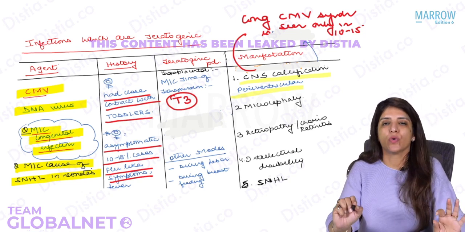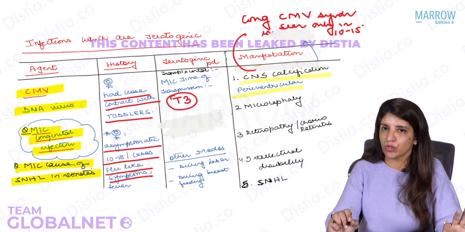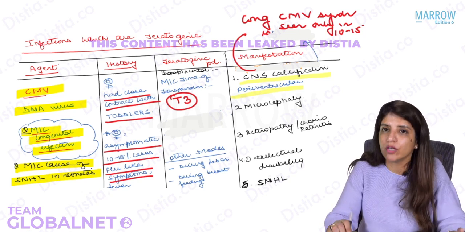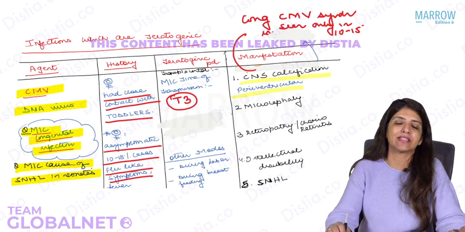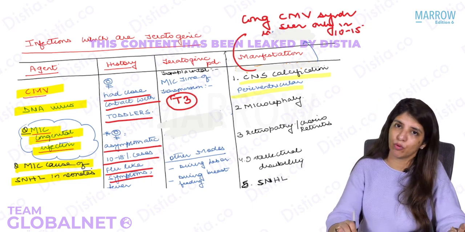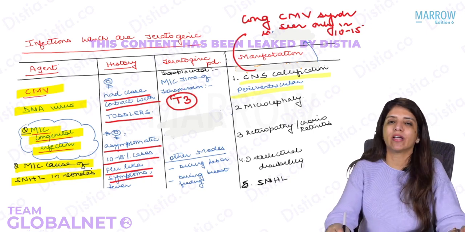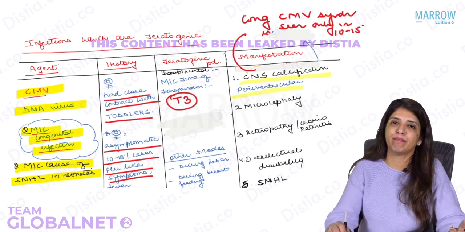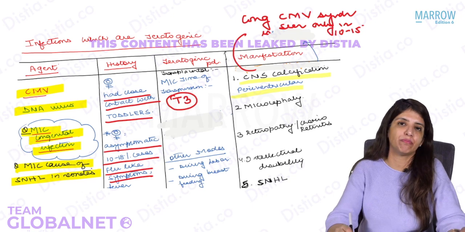So in cytomegalovirus infection, what was important? The maximum time for vertical transmission is third trimester, number one. Congenital cytomegalovirus syndrome is going to happen only in 10 to 15% cases.